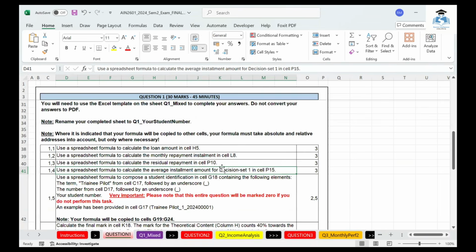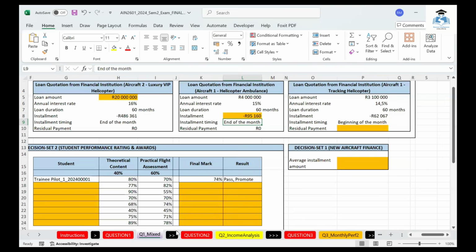Another one. How do we calculate the residual payment? Anyone to try?